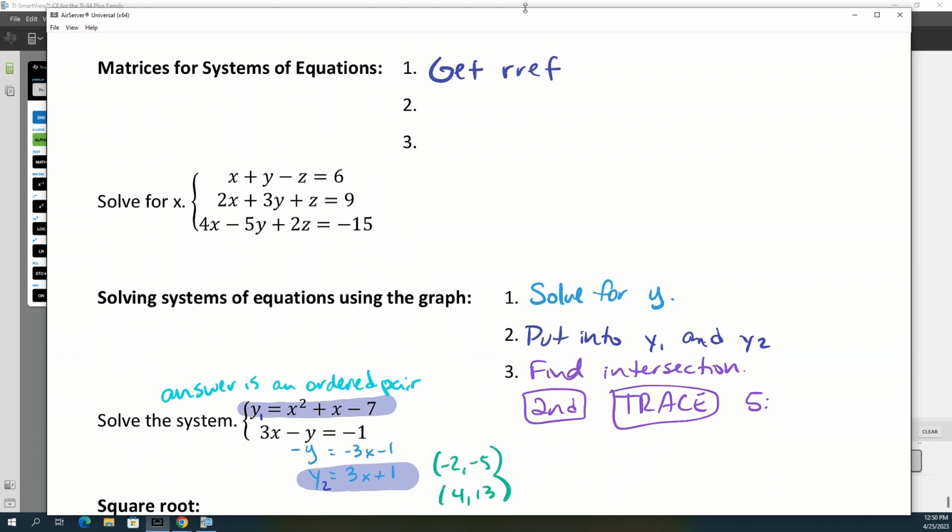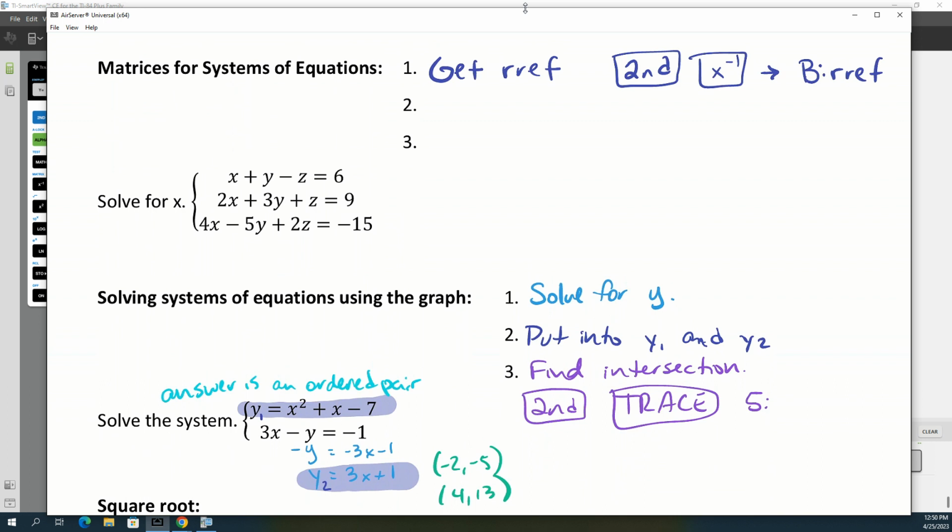Anybody remember? Okay, not for this one, but it's okay. You're gonna hit second, and then x to the negative 1, and then you're gonna go over 1 to the right, and then you're gonna choose B, which is RREF.